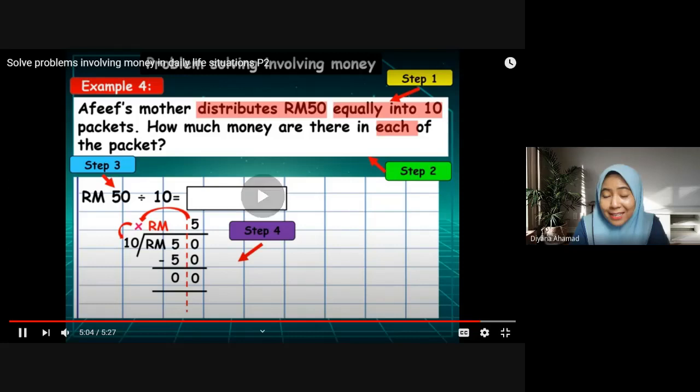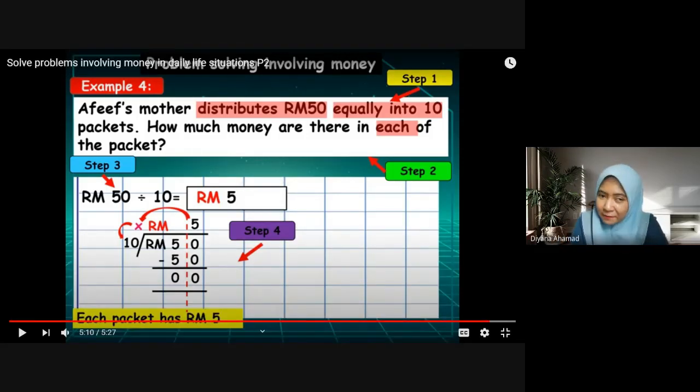So that means the answer is, how you read the money? 5 ringgit. So what the meaning is? The meaning is after Afif's mother distribute 50 ringgit equally into the 10 packets, each of the packet have 5 ringgit.